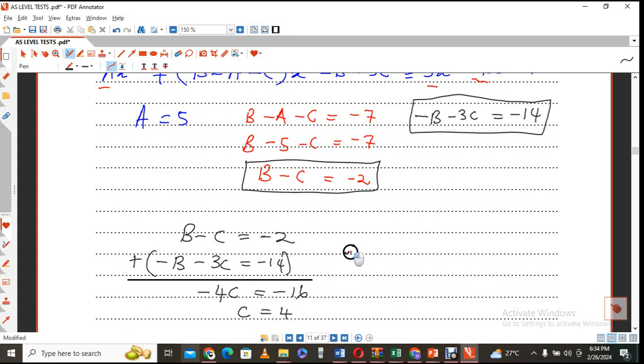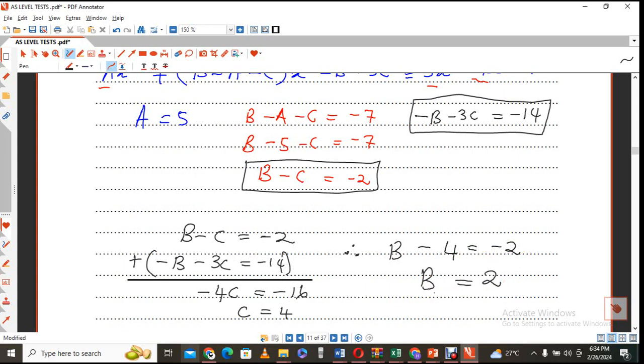So hence, if c is 4, then we can find the value of b by substituting that 4 into either one of the equations. And in this case, it will give me that the value of b would be positive 2.